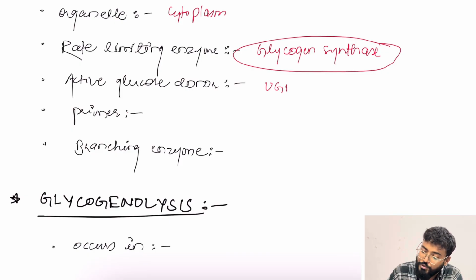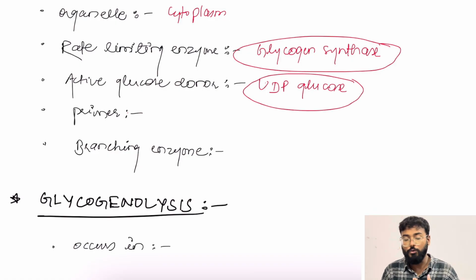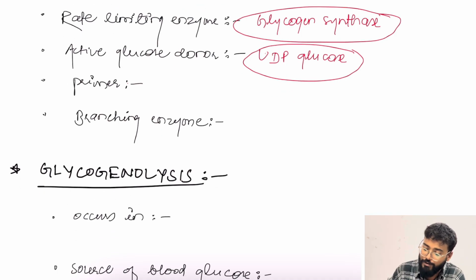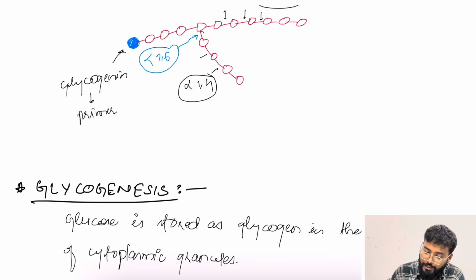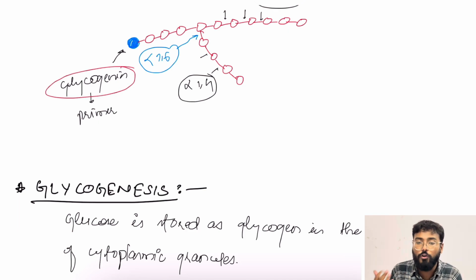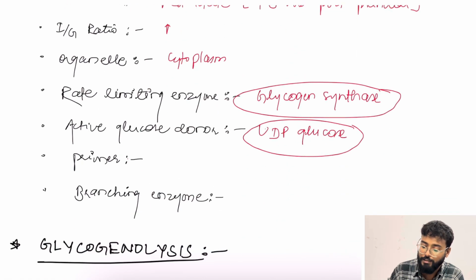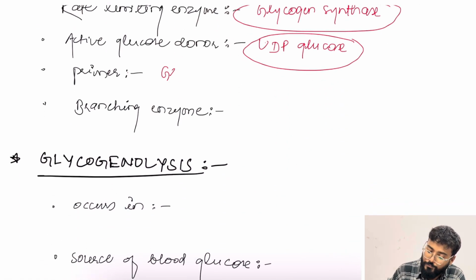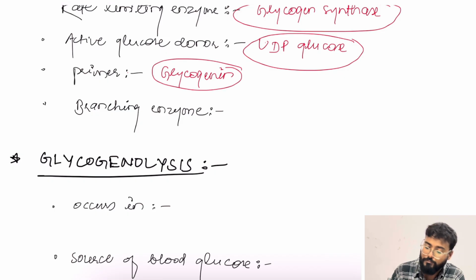The active glucose donor in this case is UDP glucose, where the glucose is bound to the tyrosine residue of UDP. And what is the primer? As we already discussed, this is the primer to which the chain of glucose is attached. The primer is glycogenin.